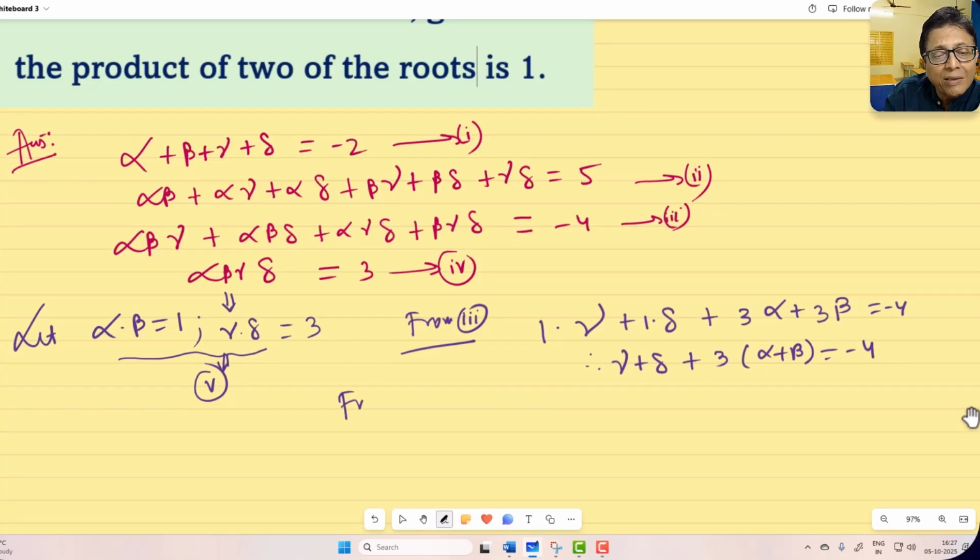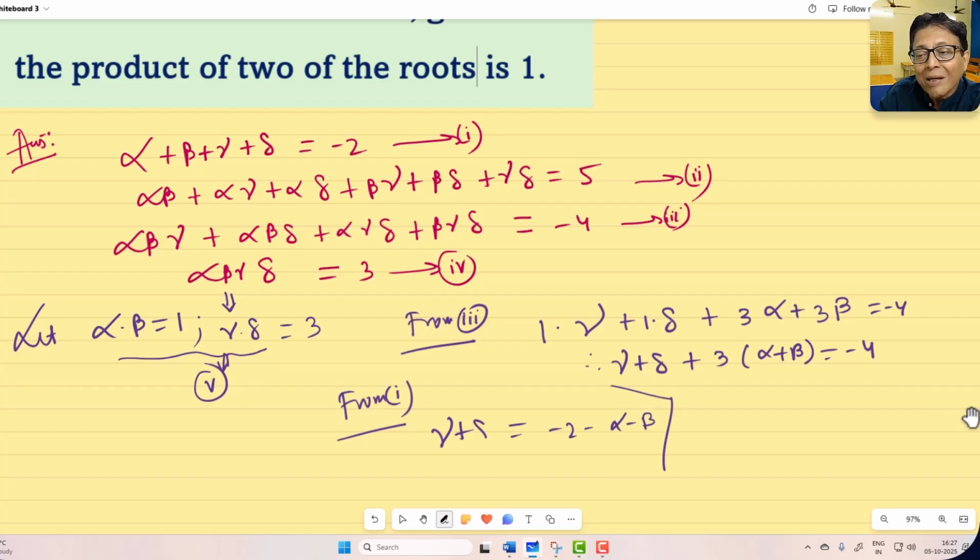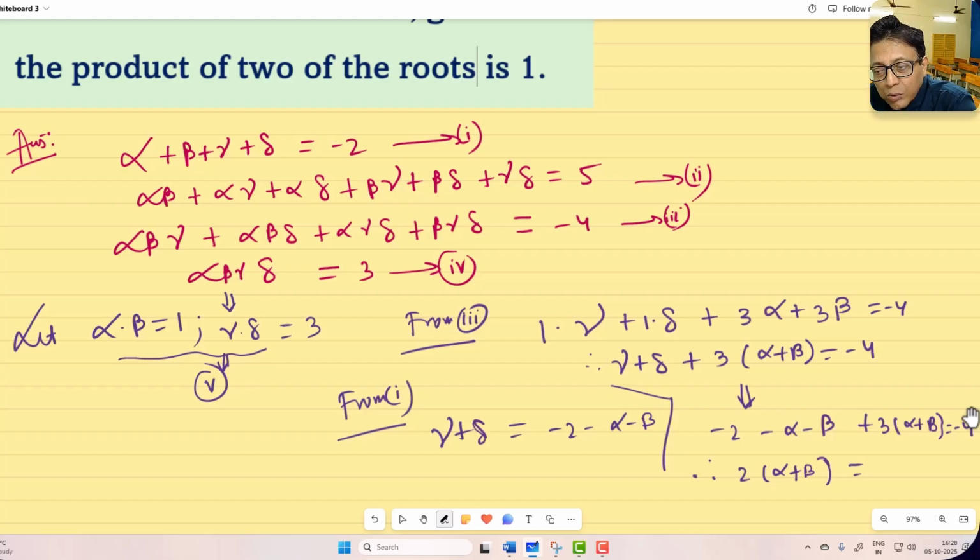From 1 what do you get? You get gamma plus delta, and you can apply it here. Put gamma plus delta equal to minus 2, so that 2 into alpha plus beta equals minus 2.